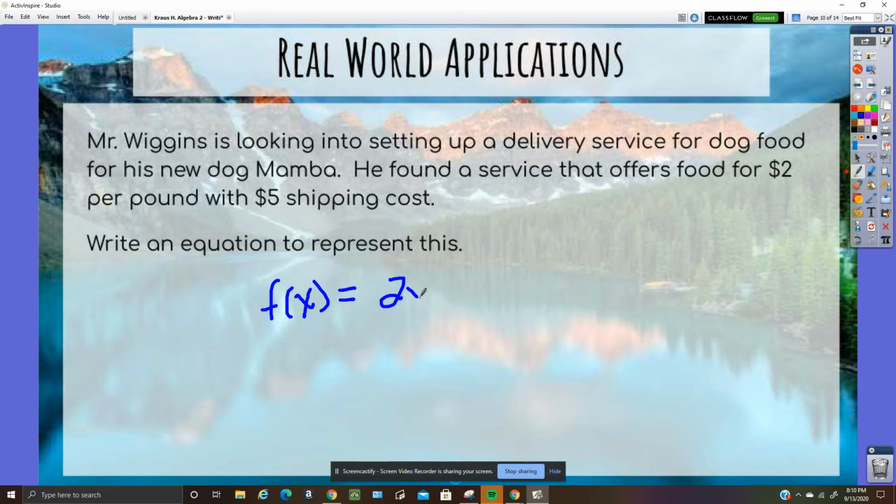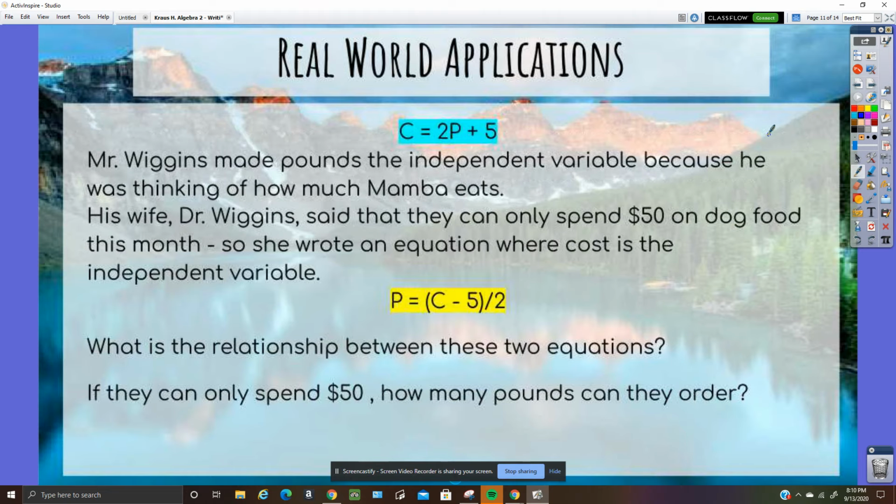So 2 times the number of pounds, whatever pounds is, we're going to call that x, plus 5. They did a little bit different. Instead of saying f of x, they said cost is equal to 2 times the number of pounds plus 5.